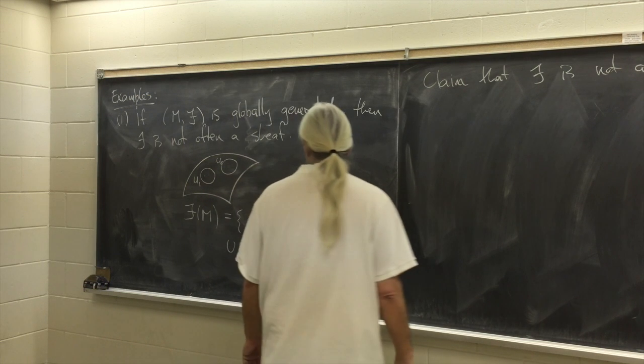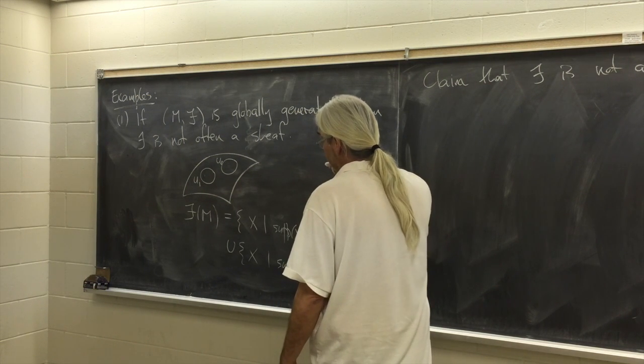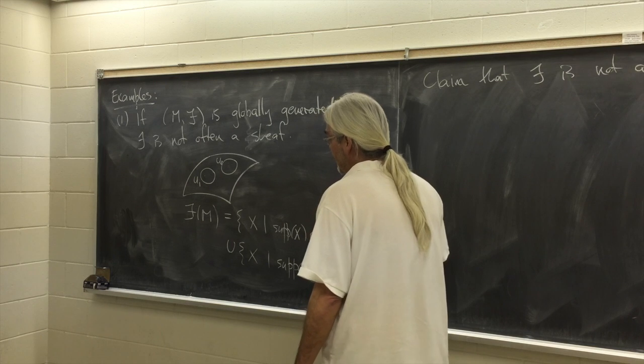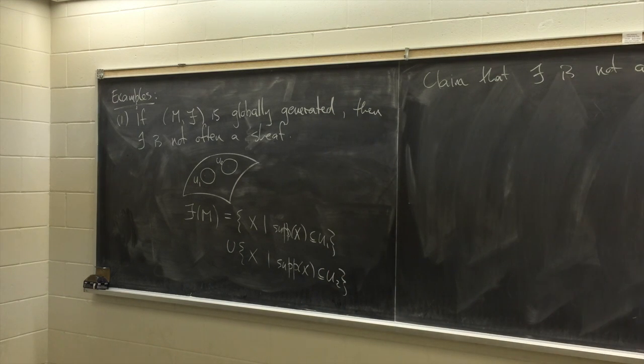What do I need to do in order for this not to be a sheaf? Well, it should fail the gluing condition. It turns out that presheaves of sets of vector fields always satisfy the other sheaf condition, the separation condition. So it's the gluing condition that's going to fail.